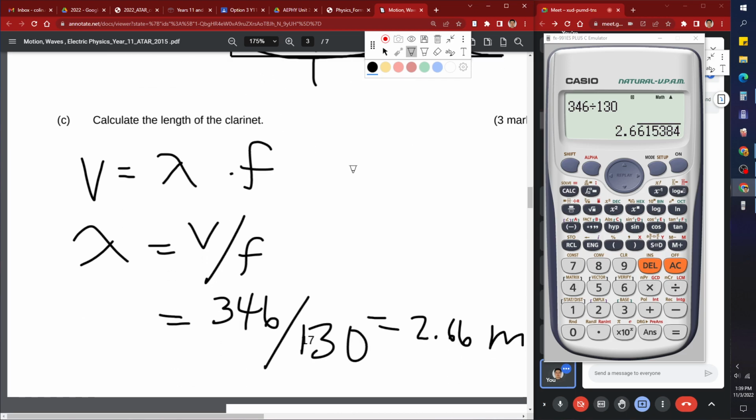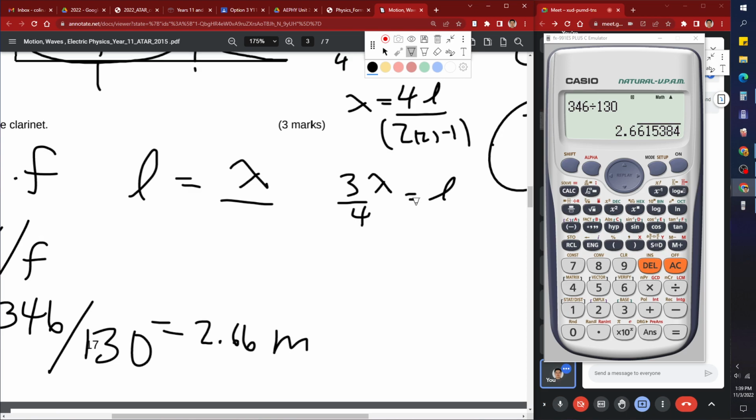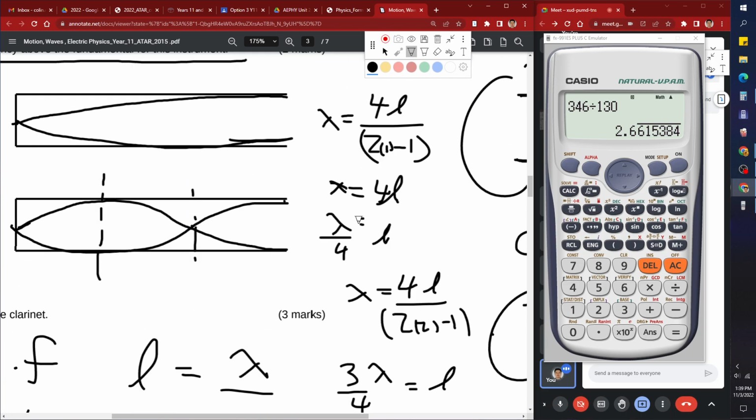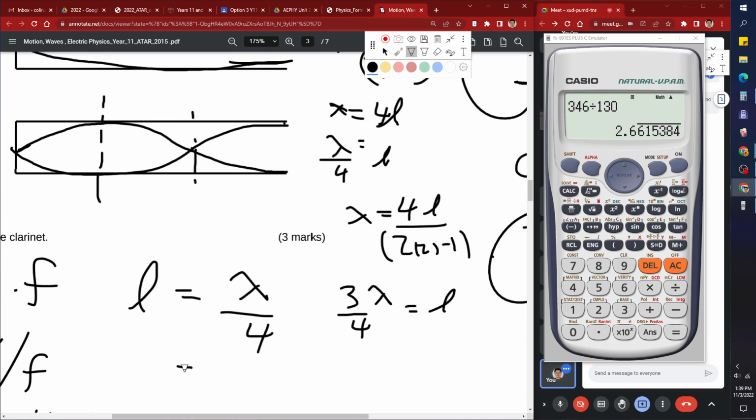So what is the length? You use that equation if you wish, but since it's only 1/4, length equals that. So we get 2.66 divided by 4, easy peasy. It's 0.665 meters. Okay?